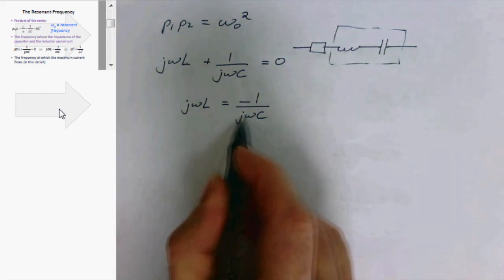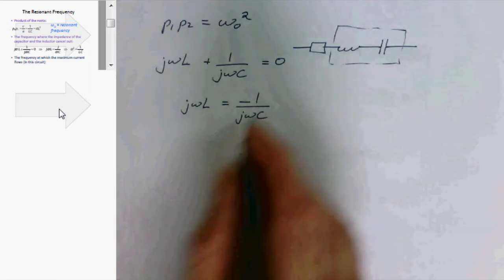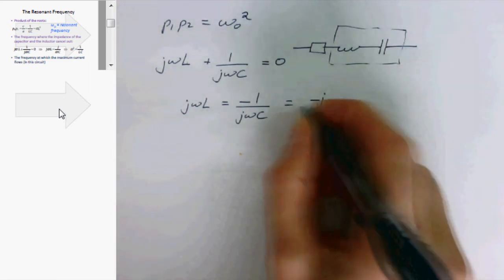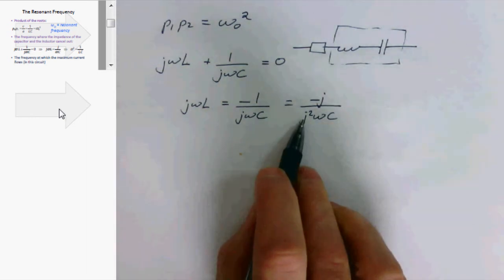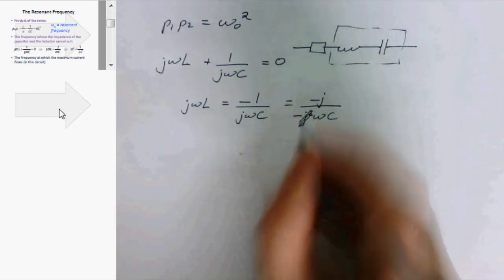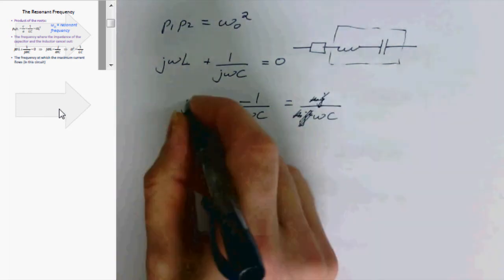This happens because I can multiply the top and bottom of this by j. That would give me minus j over j squared omega C. But j squared is minus 1. Those two minuses cancel. These j's cancel.